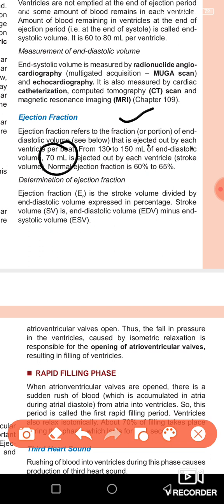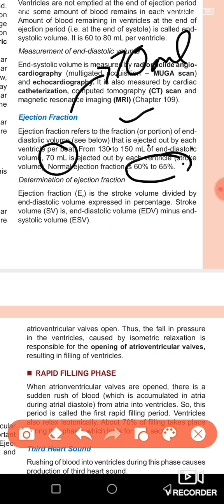So how much blood is ejected? 70 ml. And what is the ejection fraction? Normally its value is 60 to 65 percent.